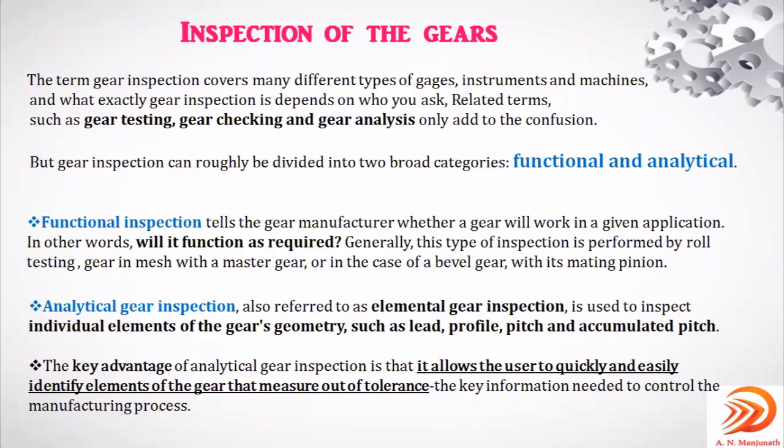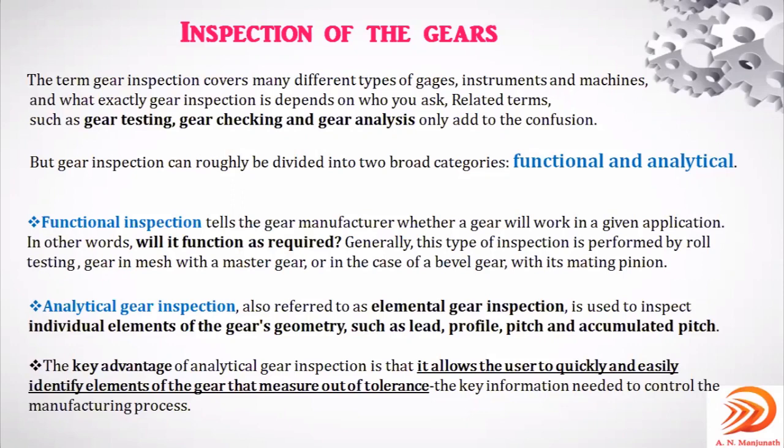Whatever the reason for which the gear is manufactured, will it function properly, with respect to the desired requirements or not? That is what the functional inspection is about, right? Generally, this will be used along with the other gear, so they need to check the functionality of the particular gear. That is the functional inspection.